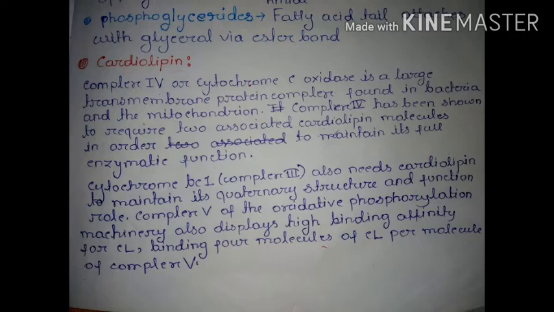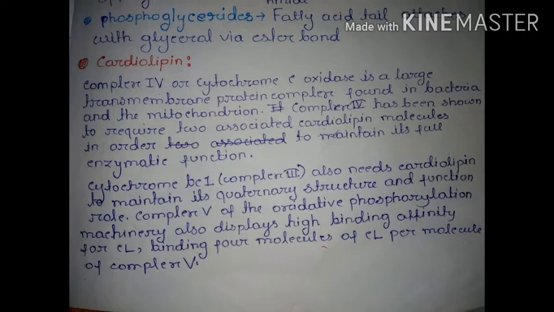Complex 5 of the oxidative phosphorylation machinery also displays a high binding affinity for cardiolipin. In the case of complex 5, four molecules of cardiolipin bind per molecule of complex 5.